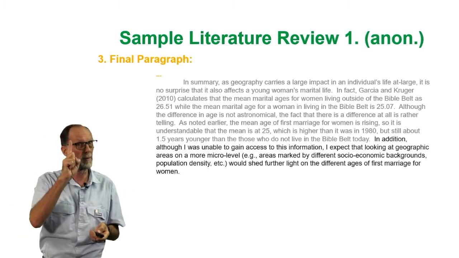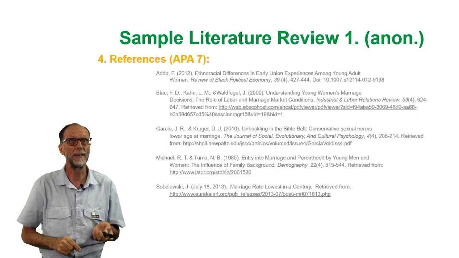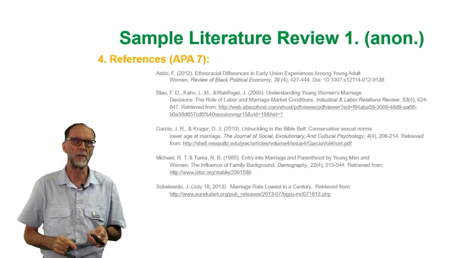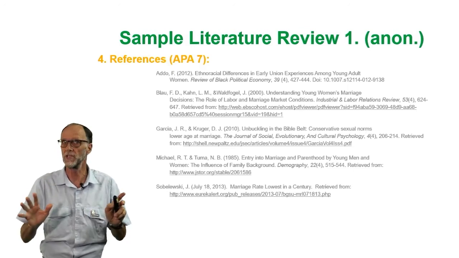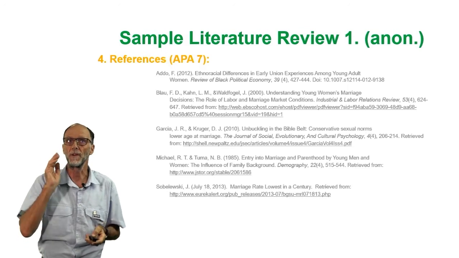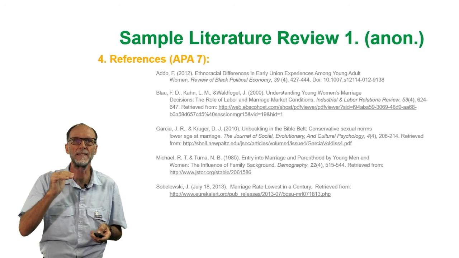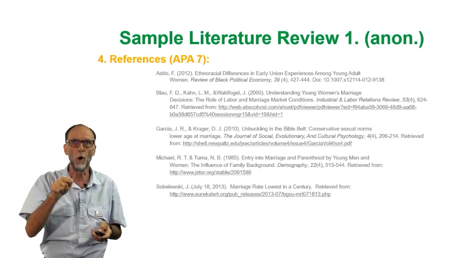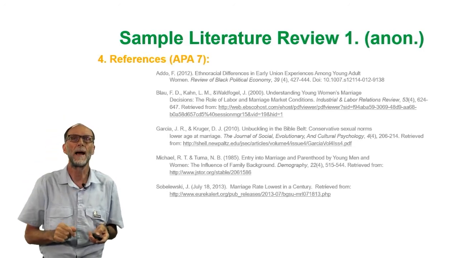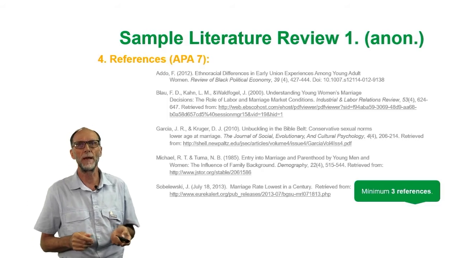Of course, we're missing one thing, the last thing, and that is the references. Now remember, we are following APA 7 format, not CSE. So for APA 7 format, remember, you need to have a hanging indentation, as you can see in all of these. Now, how many references do you actually need?